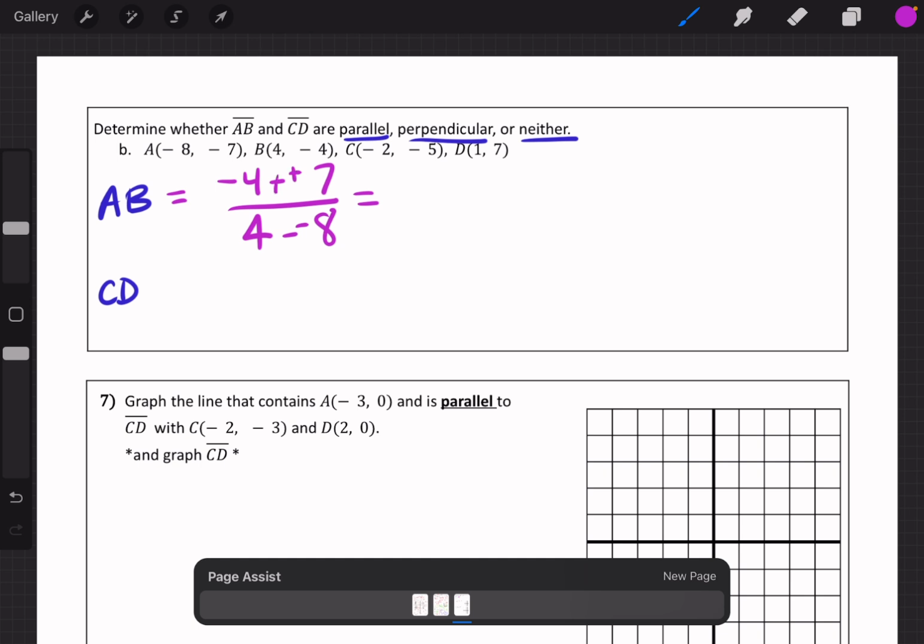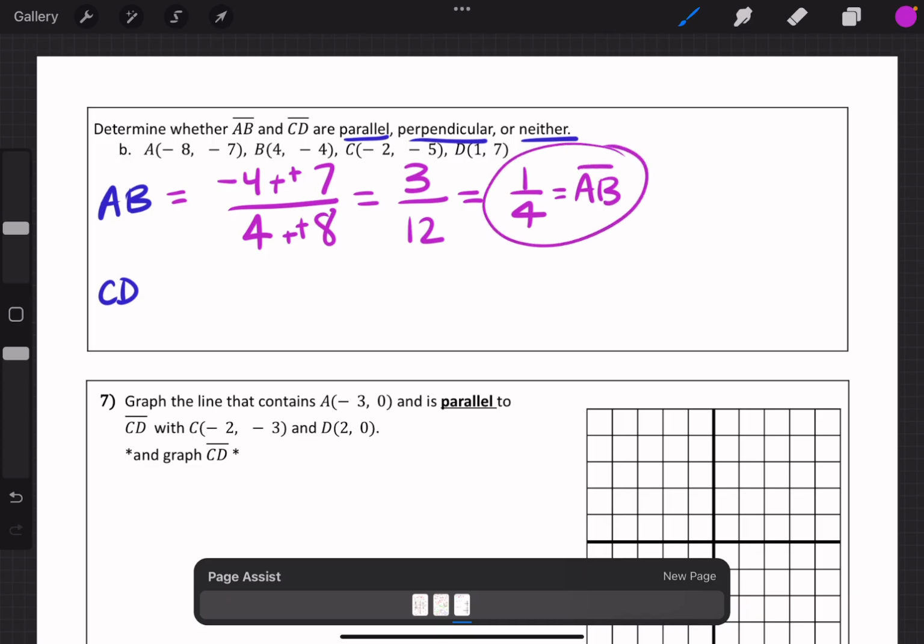We get 3 on the top. We get 12 on the bottom. So my slope here is 1/4. And that would be AB. Other one we're going to do, let's make that a different color. We've got 7 minus -5 on the top.